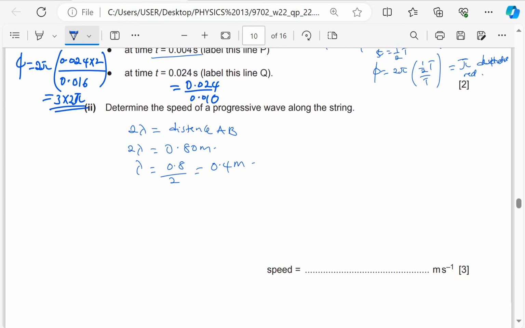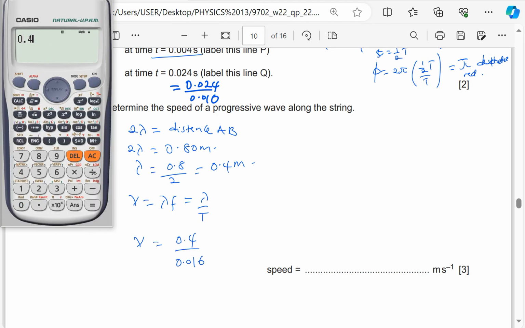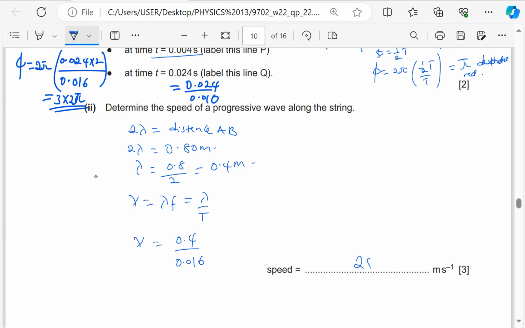Then using v equals lambda times f. Since we don't have f, this is going to be lambda times 1 over T, which is lambda over T. So v is going to be 0.4 divided by the period, which is 0.016. So this gives me a speed of 25 meters per second.